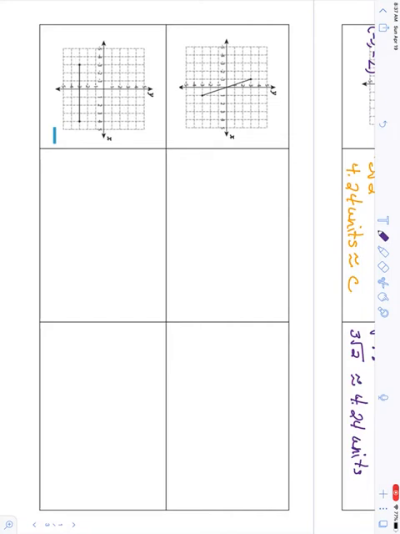Okay, let's look at Pythagorean theorem here. 1, 2, 3, 4, 5, 6 units, so 6 squared. We're going to add that with our other leg, which is 2 squared, which is going to give us our hypotenuse. Okay, 6 squared is 36, 2 squared is 4, 36 plus 4 is 40, square root both sides.